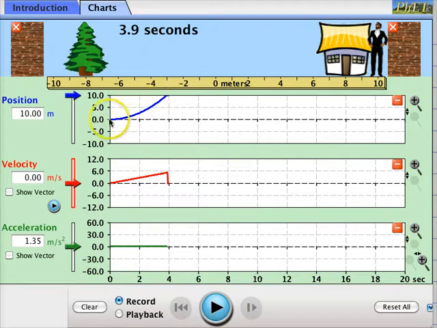This is telling us that as the slope is increasing, the speed must be increasing. This graph here, straight line graph with a constant slope, showing us that the acceleration is constant. We know it is because we put it in here. And the final graph of acceleration time, we can see that the acceleration is constant, so we're expecting to see a horizontal line with no change in acceleration.